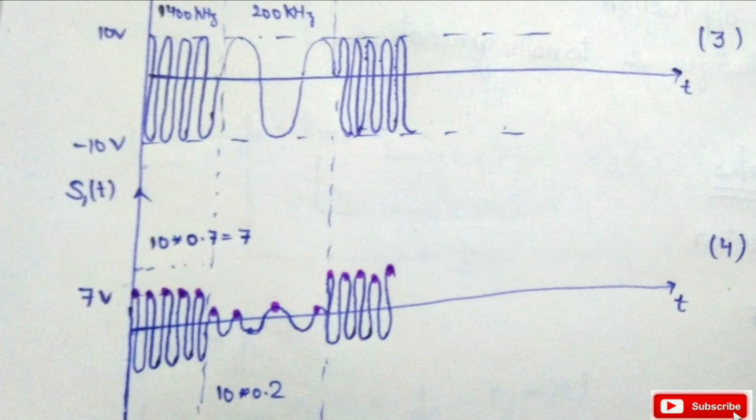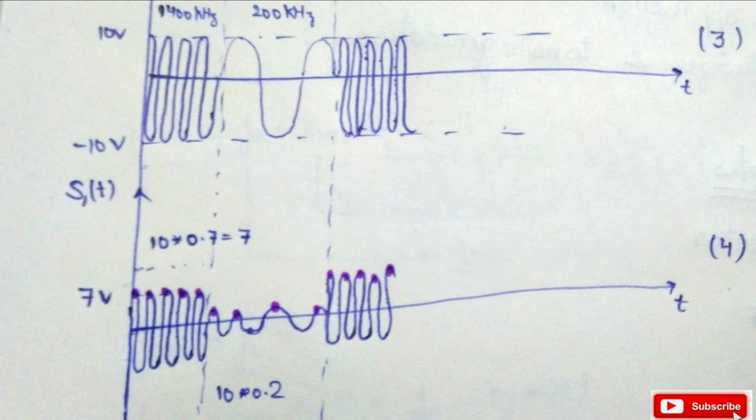The result of the tuned circuit passes through the envelope detector, and as we discussed earlier, the envelope detector detects the positive peaks of our signal. So it detects the peaks of our resultant signal that is shown in figure 4.